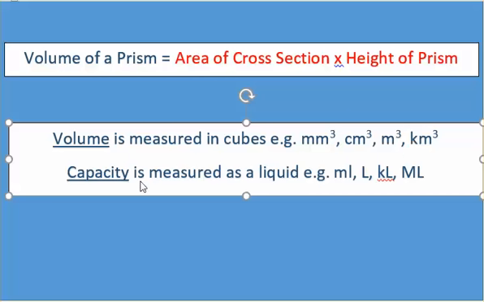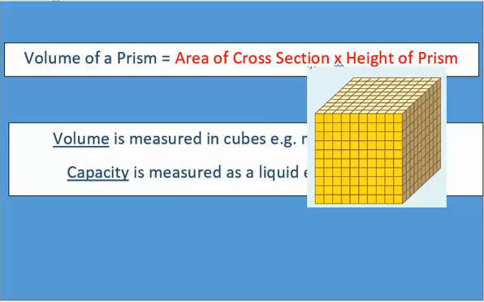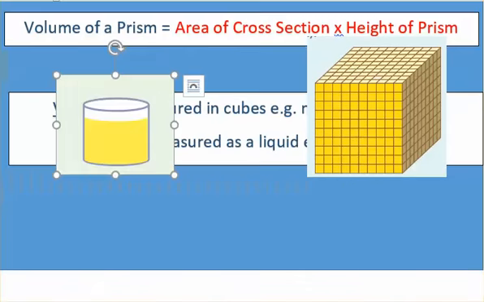Capacity is measured as a liquid, for example, milliliters, liters, kiloliters, and megaliters. Volume is a measurement of the amount of space that an object takes up. And as I said, it's measured in cubic units. Capacity is the amount that a container can hold.